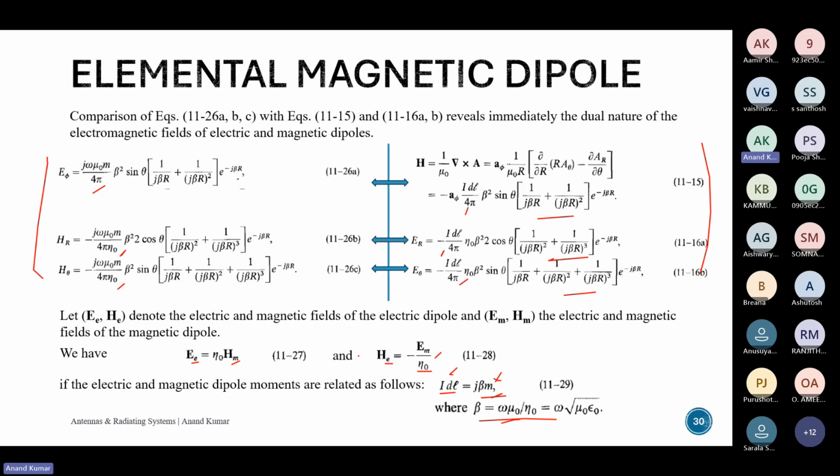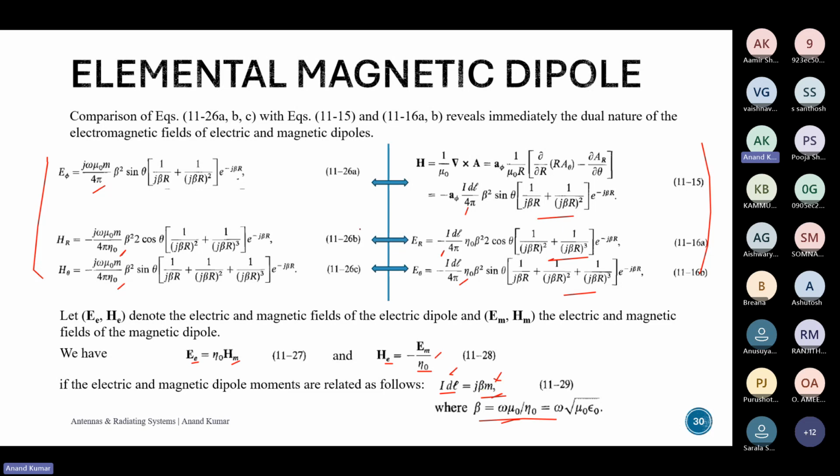So right now what we did was we solved for the electric and magnetic field for the electric dipole, and similarly for the magnetic dipole. Now what you can also do is find E and H for one of them and just use these expressions over here. Divide or multiply them with eta naught, and replace IDL with j beta m, and you're good to go.